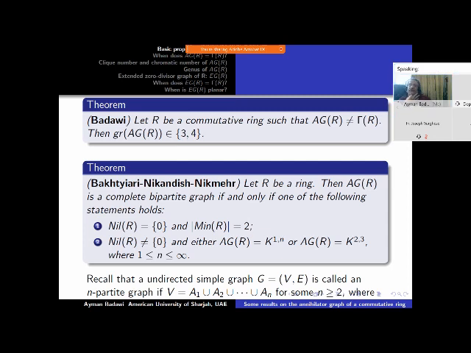It means the ring is reduced. And not just that, the number of minimal prime ideals of R is 2. If the ring is not reduced, then I know the annihilator graph has to be a tree or a star graph, or a graph with 5 vertices.